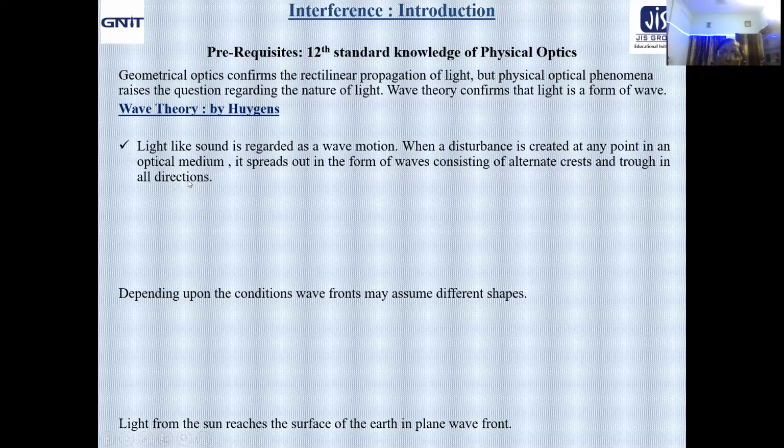Now, when a disturbance is created means, say you switch on the light in a medium. What will happen? The particles of the medium will get energy from the light and they start vibrating.